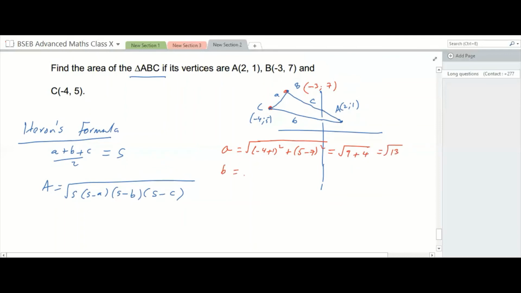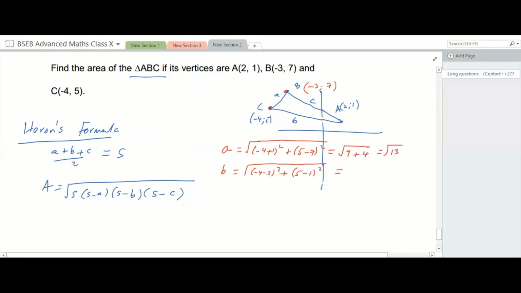To find B, which is the square root of, B is actually finding AC. So minus 4 minus 2 all squared plus 5 minus 1 all squared.